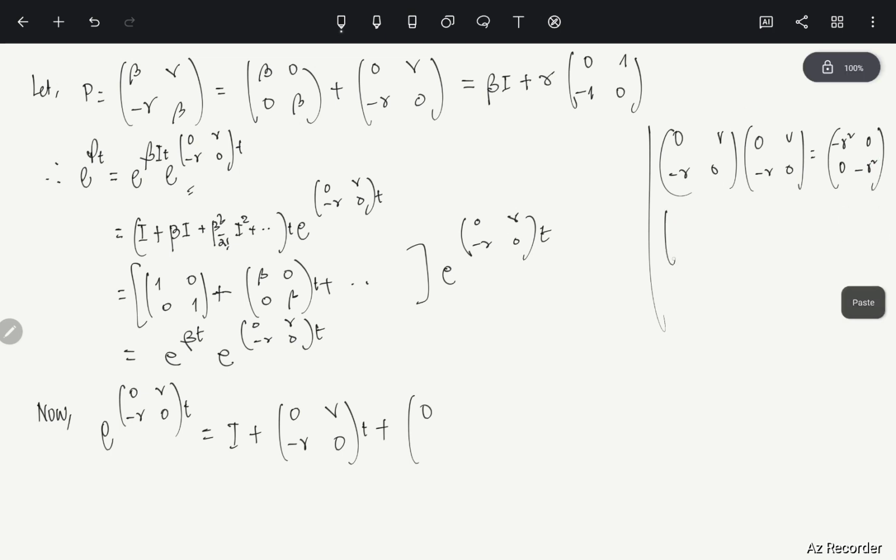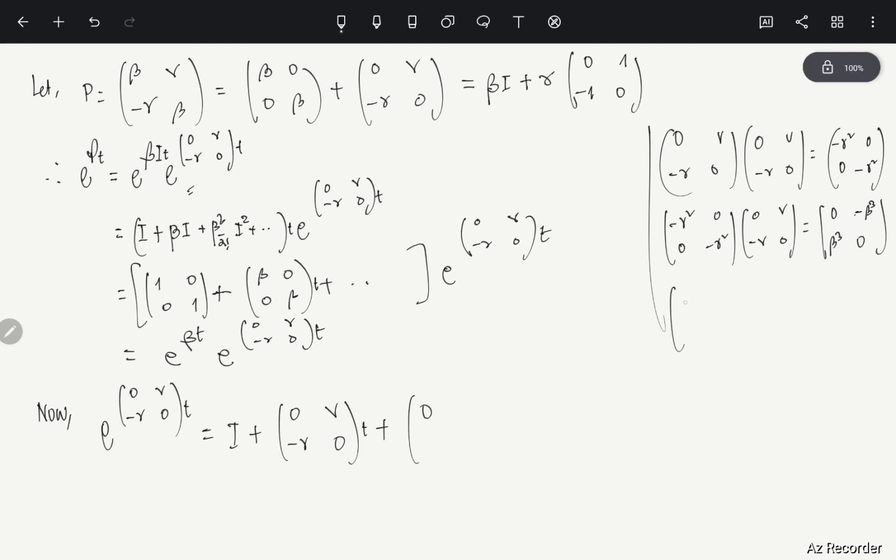What about the cube? The cube is [minus gamma square 0; 0 minus gamma square] times [0 gamma; minus gamma 0]. So for the third part, the cube, this is [0 minus gamma cube; gamma cube 0]. Let's do another one, the last one.